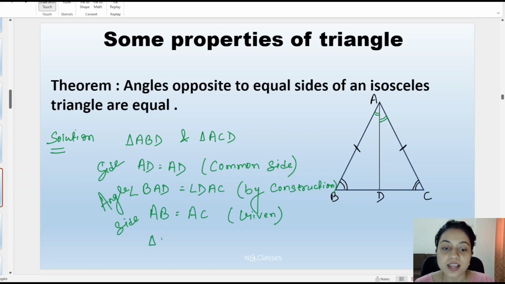Hence we can say that triangle ABD is congruent with triangle ACD. Please check the sequence of the triangles. So side AB must be the corresponding side with side AC. Side BD must be the corresponding side with side CD, and side AD must be the corresponding side with side AD by side angle side congruency rule.